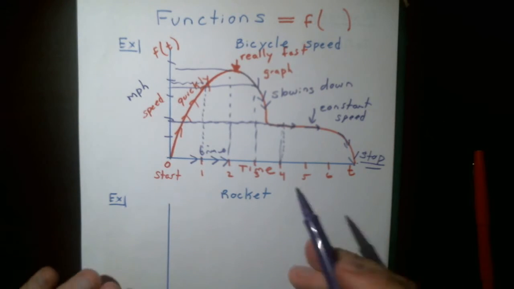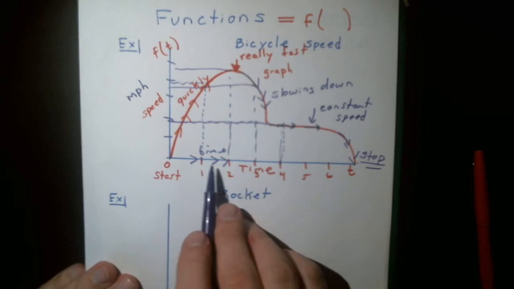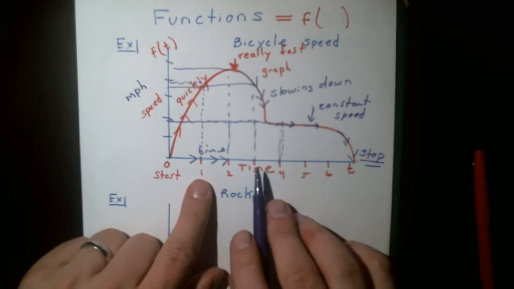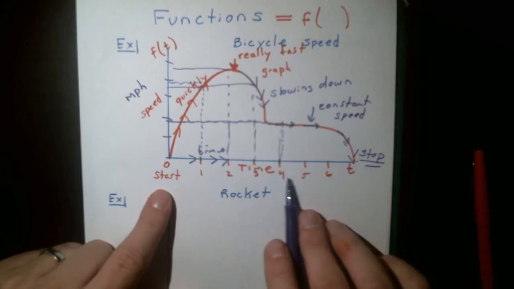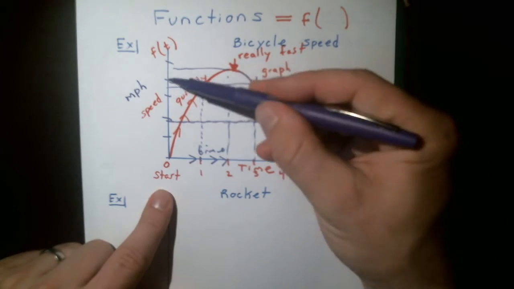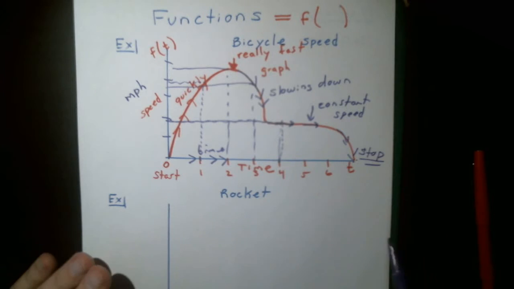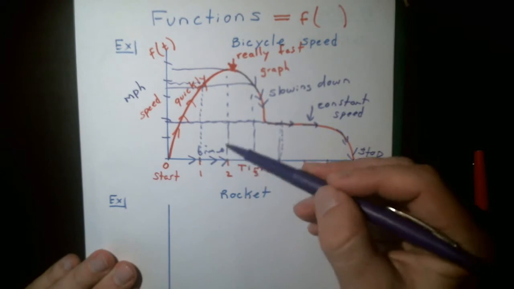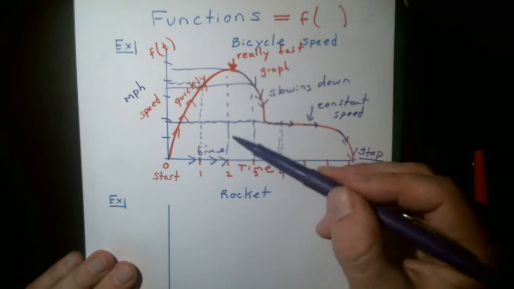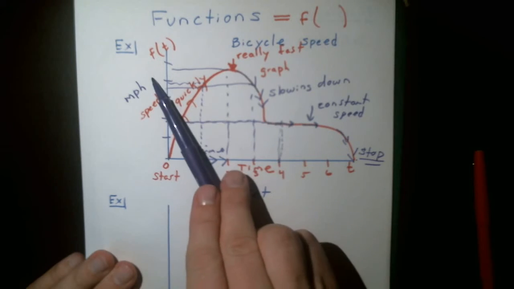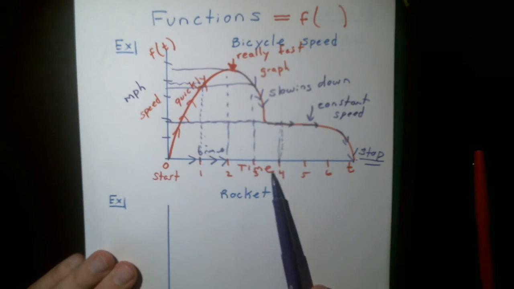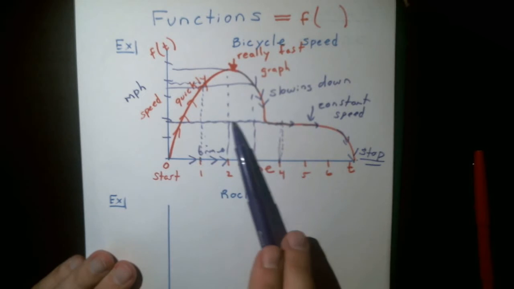But all the time is what we call your independent variable, or your input. So your speed depends on the time, in miles per hour, feet a second. It doesn't really matter, but every minute or every second is associated with one output.